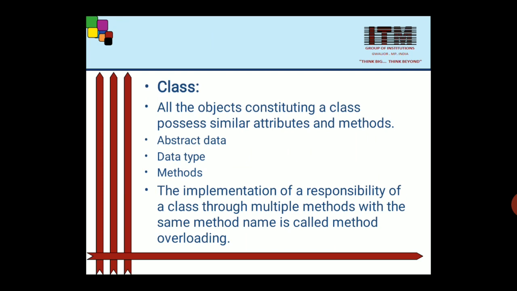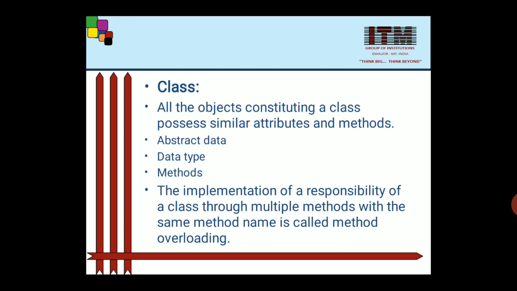So basically the class supports the two mechanisms of an abstract data type, as we already discussed about data types and abstract data. Abstract data means the data of an object can be accessed only through its methods. In programming language terminology, a data type defines a collection of data values and a set of predefined operations on those values.